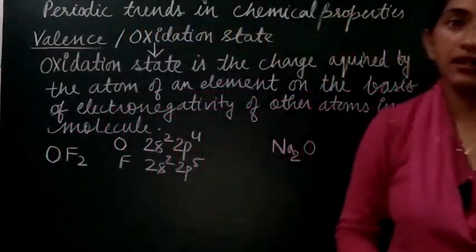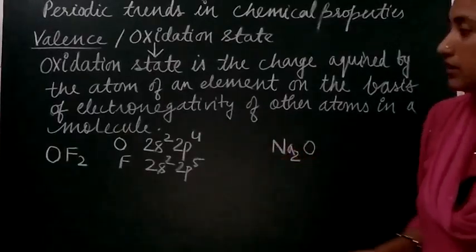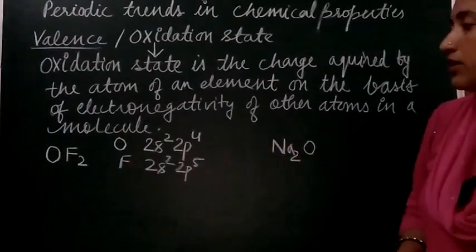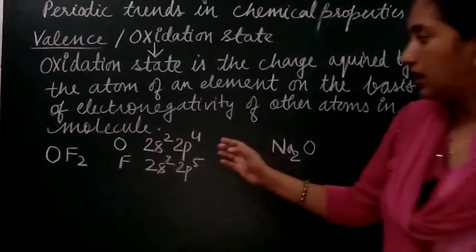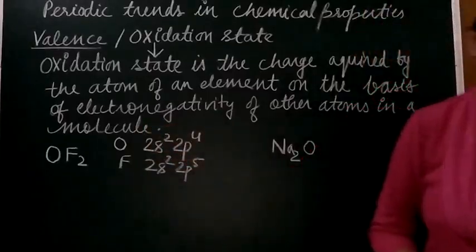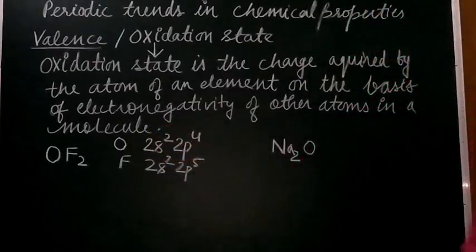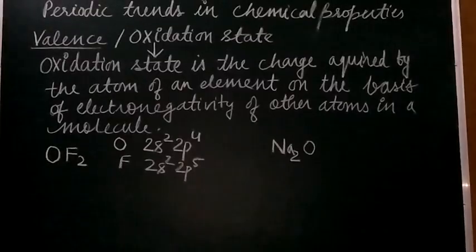That means for each oxygen atom we will require 2 fluorine atoms, so that a stable molecule is formed, right students? So if you check the electronegativity of oxygen and fluorine, I'm repeating again, which one is more electronegative? Definitely it is fluorine which is more electronegative than oxygen, right?